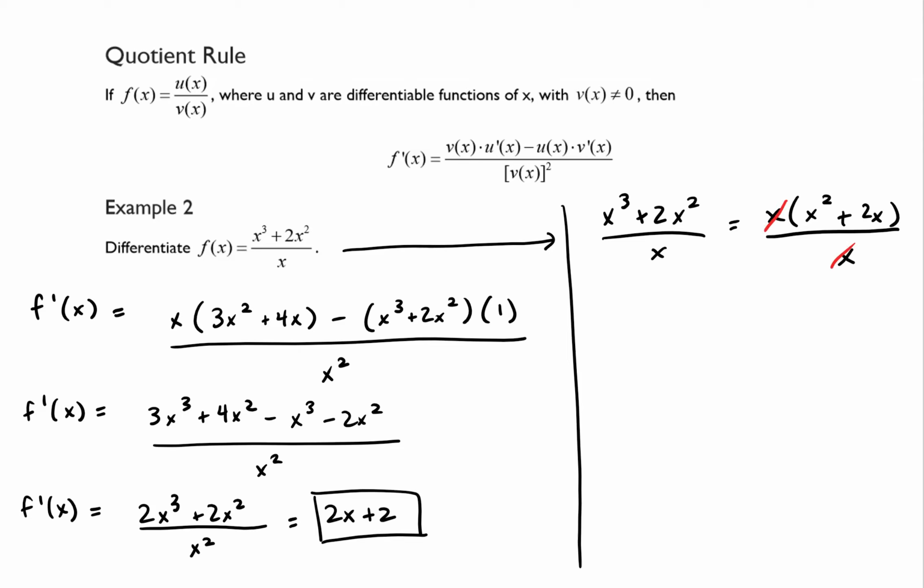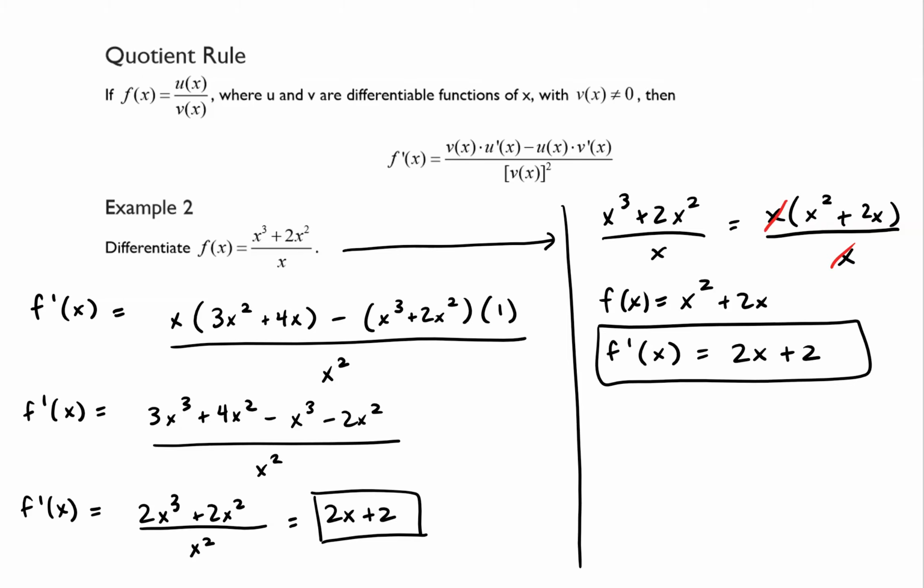So we have f of x is really equal to x squared plus 2x. And now I can use the power rule to take the derivative. So f prime of x will equal 2x plus 2. And look, that matches with that. So I can put a check mark. We've confirmed that that is in fact the derivative.